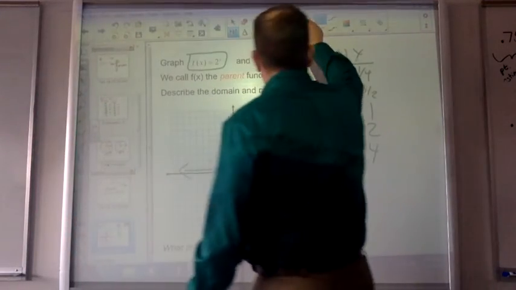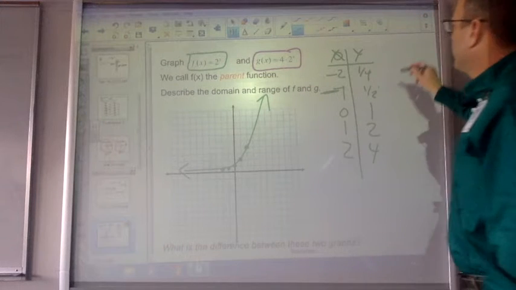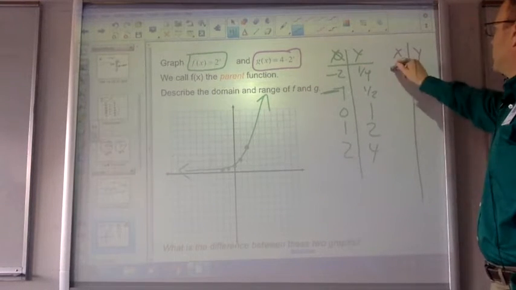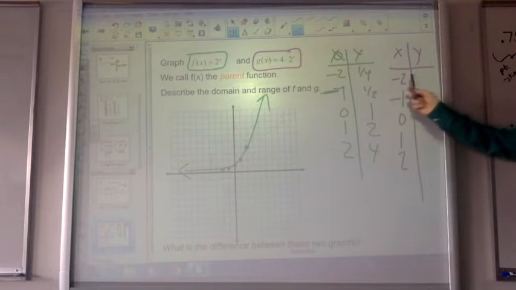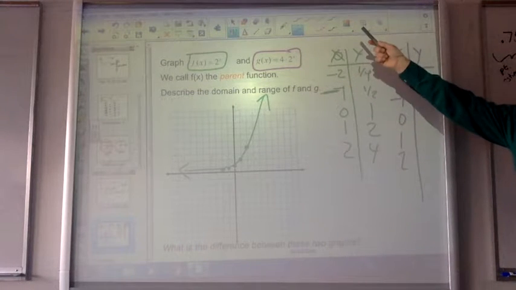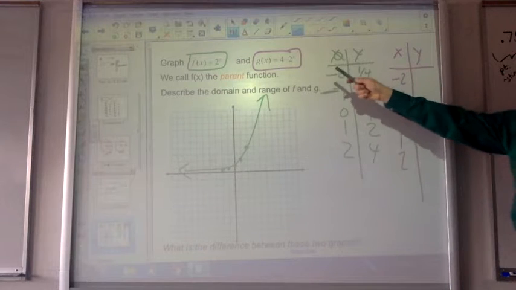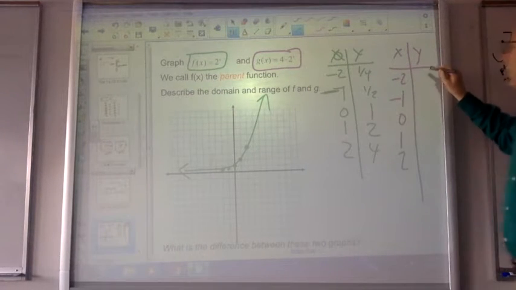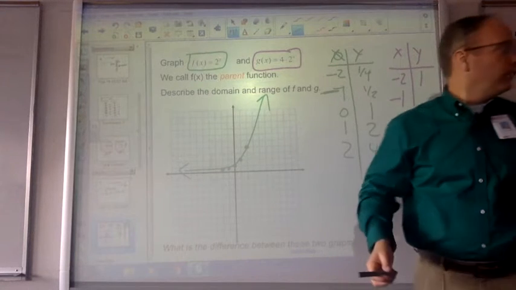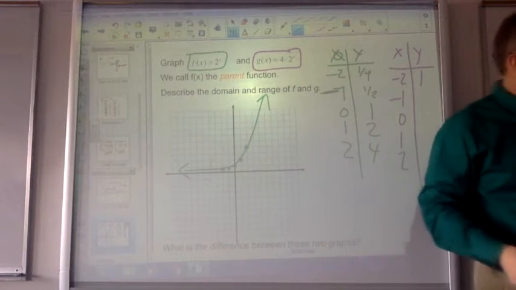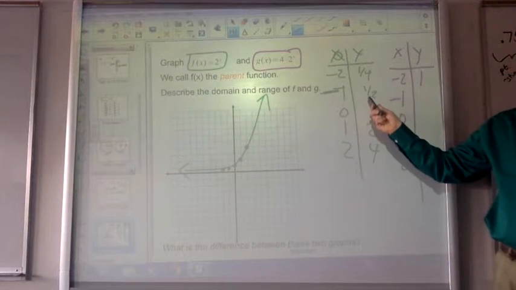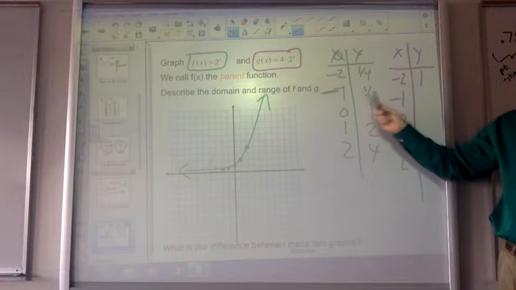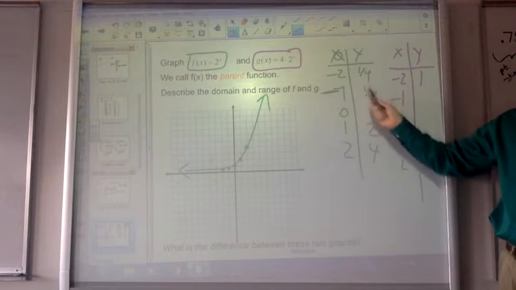So now let's take a look at this one. I have x and I have y. We're going to use the same values. Let's see what happens. So 2 to the negative 2 is 1 over 2 squared, which is 1/4. 1/4 times 4 is 1. What's 2 to the negative 1? 1/2.